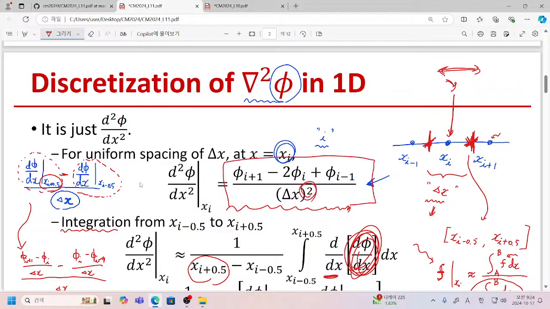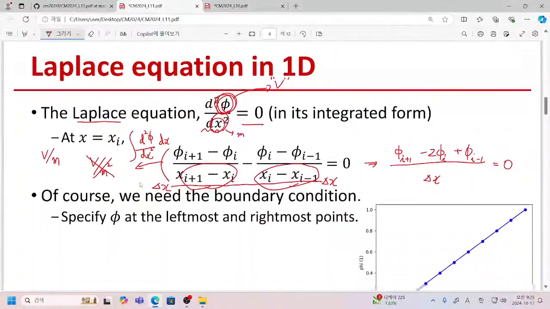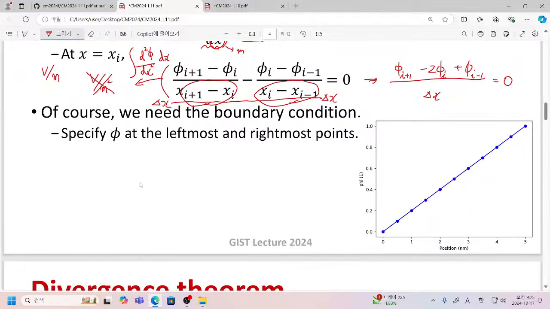Here we have the square of delta x, because we were talking about the discretized form of the Laplacian operator itself, and in this case we have integrated once over a short range whose length scale is just delta x.